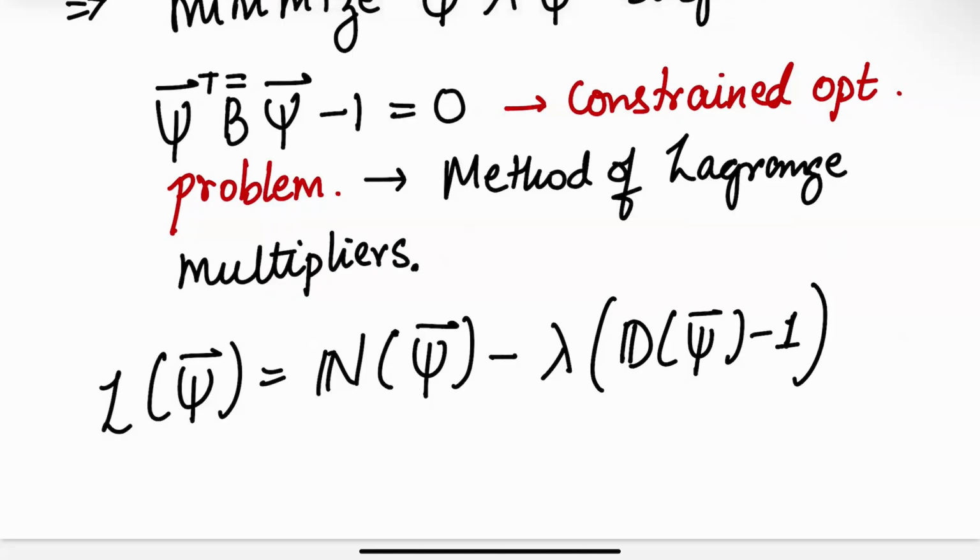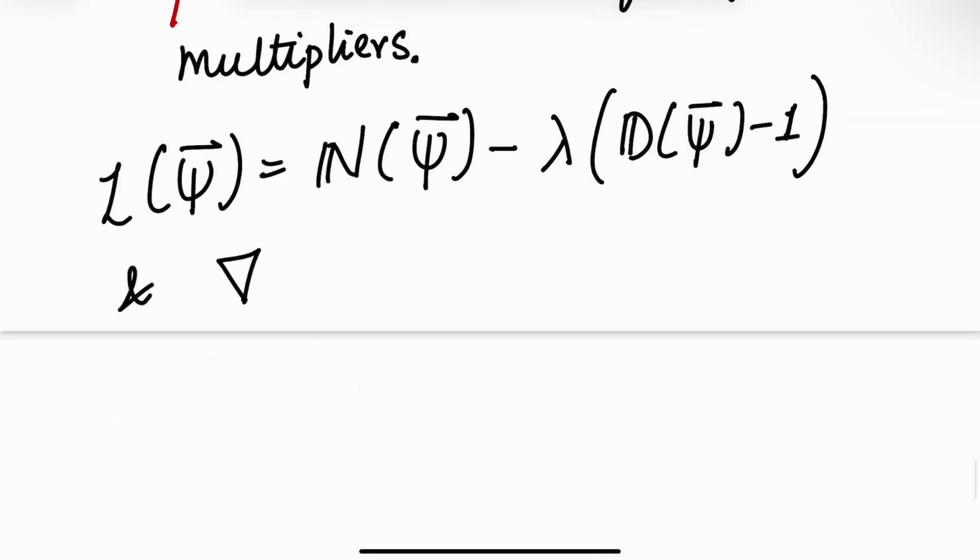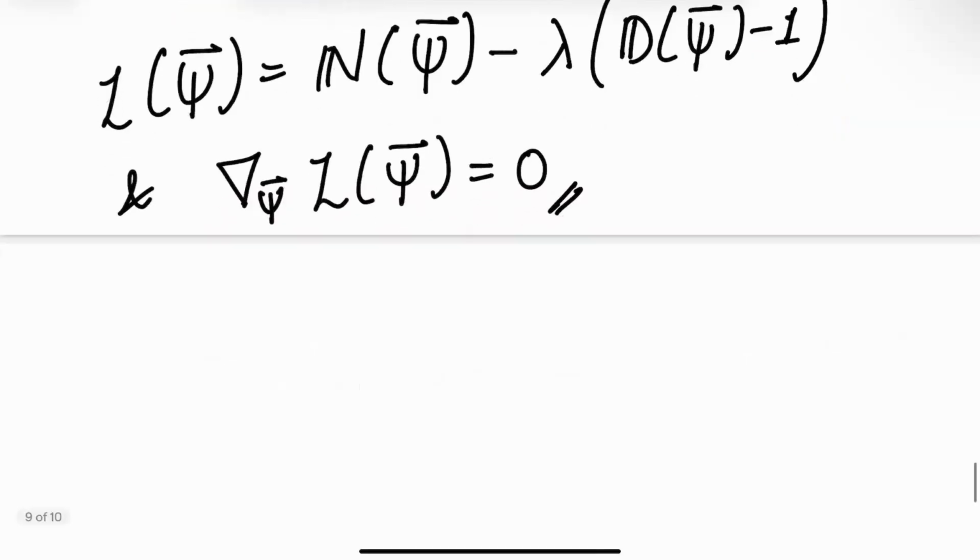That is the same thing as saying that the gradient of this equals lambda times the gradient of this. Right? Setting this equal to 0 is identical to this. And we set the gradient with respect to psi of L of psi equal to 0.